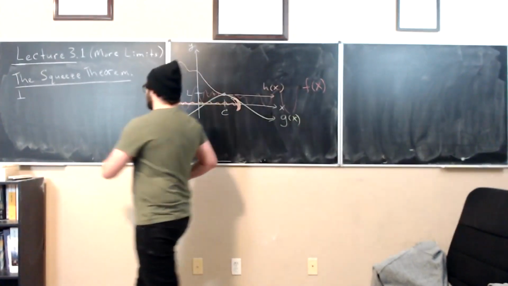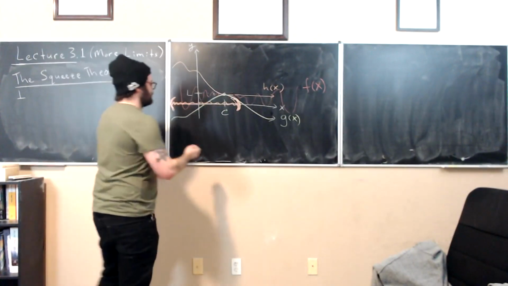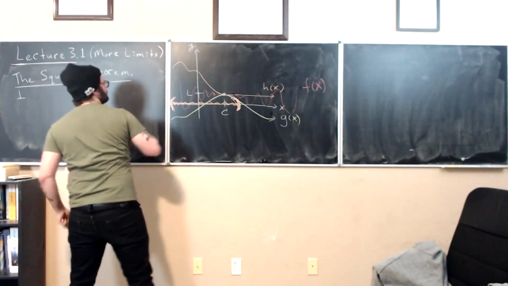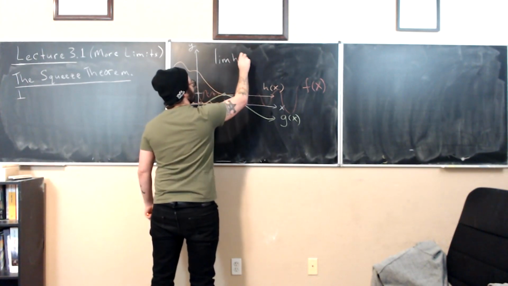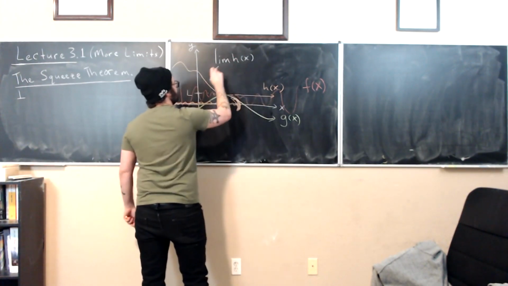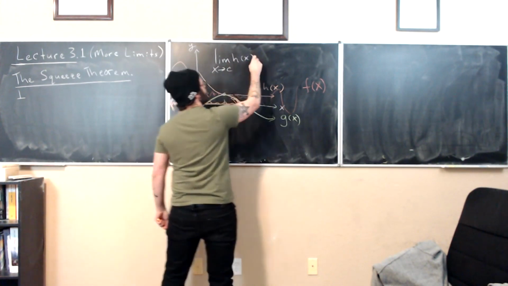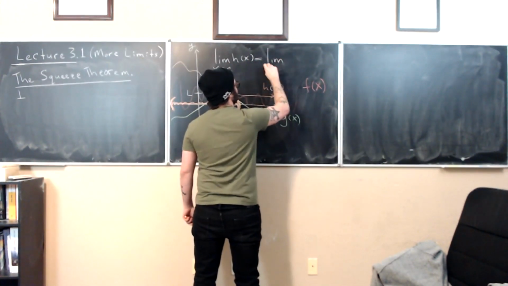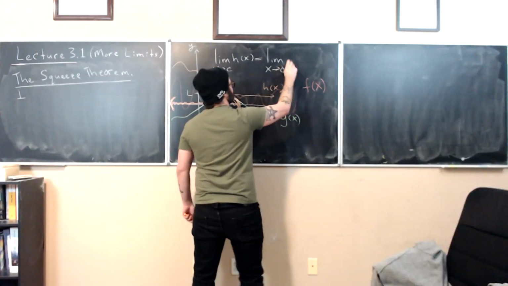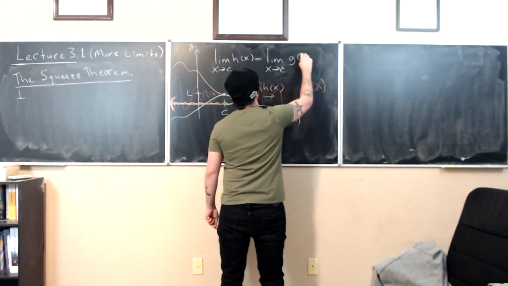Suppose we know that the limit of h of x as x approaches c is equal to the limit as x approaches c of g of x.